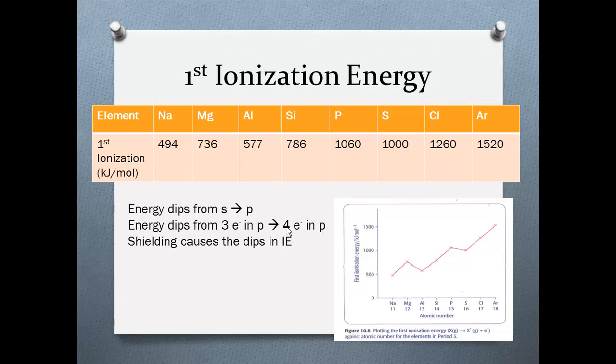So when it's phosphorus, when it has 3 electrons, it's going to take a little more energy to take that 1 electron out than when sulfur has a pair in the p orbital. And again, as you go across to chlorine and argon, it gets tougher and tougher to remove the electrons. So there is a little pattern, and it's based on the p orbitals and the s orbitals.